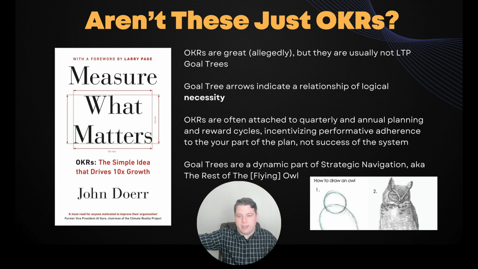You might say that OKRs can be implemented in a way that doesn't do that. I'm glad to hear it. Finally, goal trees are a dynamic part of the strategic navigation process I mentioned, right? That big wheel. So when you have a problem meeting one of the necessary conditions, you have this rigorous process you can go through to address that situation. So there's the rest of the freaking owl here.